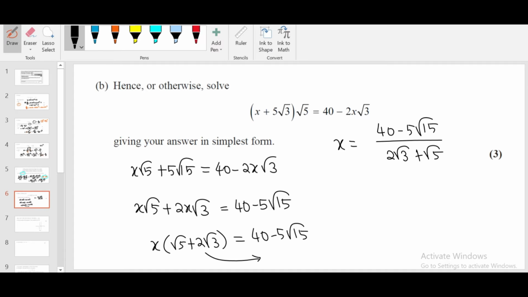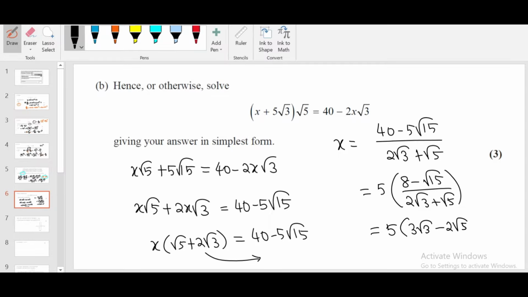So what we can do, if you take 5 as a common factor, you will get 8 minus square root of 15 divided by 2 root 3 plus root 5. This is what given in part A, and the answer for part A is 3 root 3 minus 2 root of 5. Yep. So you can just multiply, you will get the answer already. So x is equal to 15 root 3 minus 10 root of 5.